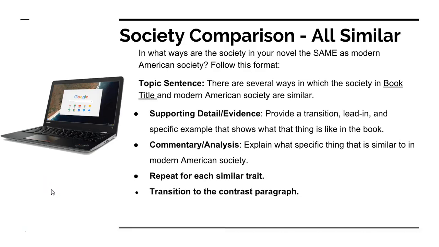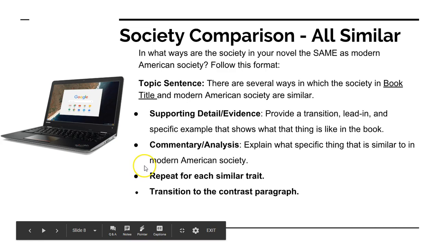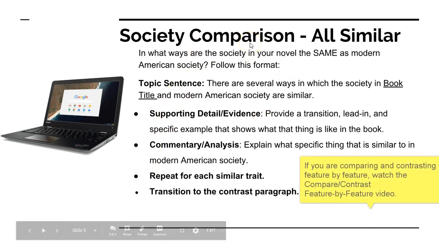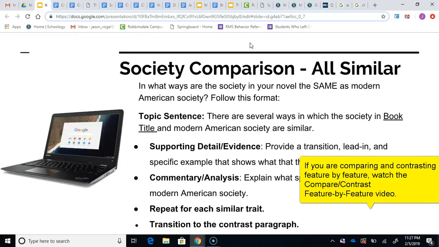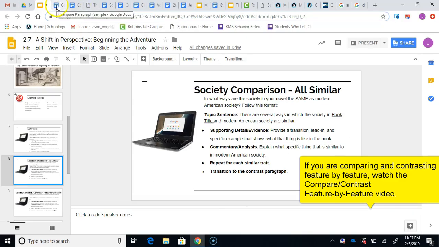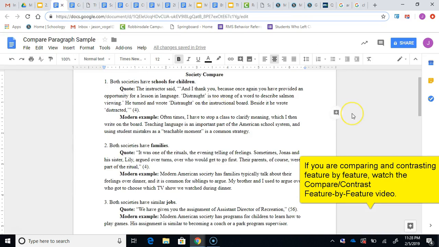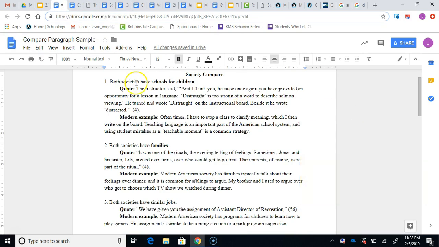Hello, and congratulations! You've selected to write the compare and contrast essay, formatting it in a way that you talk about all the things that are similar and then all the things that are different. At this point, you should have a society comparison page that looks similar to what is on the screen right now.